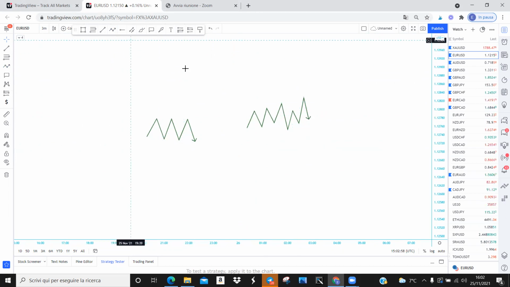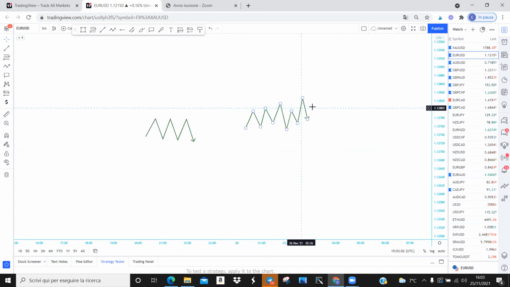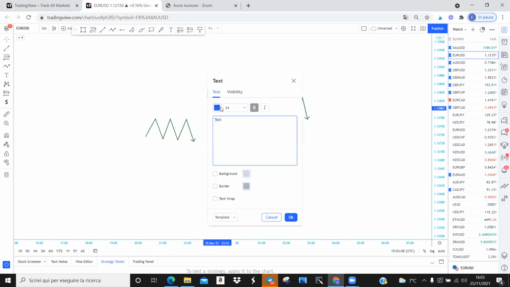Now, this applies to all pairs, but especially it applies to major pairs. So Euro USD, let me write it down for everyone. Euro USD, AUD USD, GBP USD. Then you can use it on GBP AUD and GBP JPY too, but they are secondary.